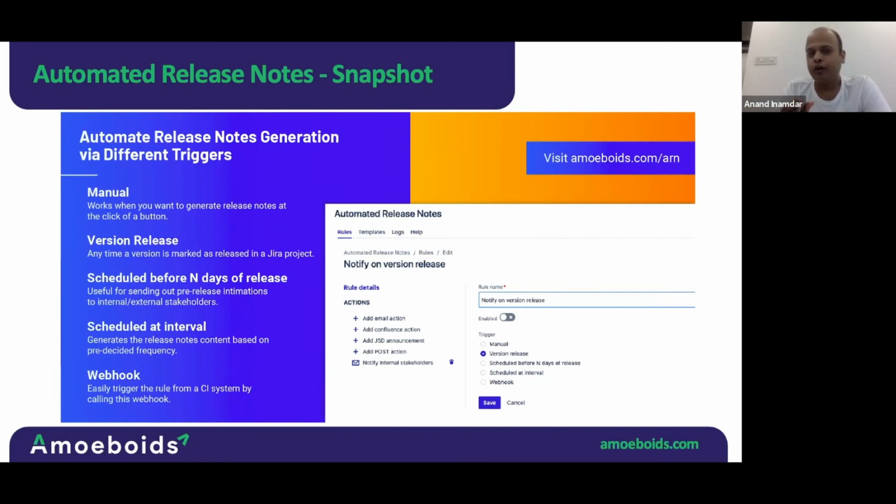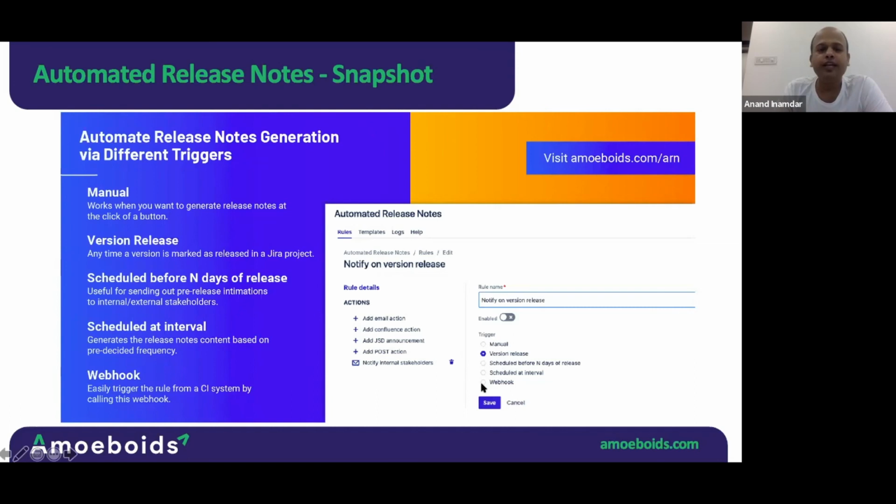Now, this screenshot is talking about the automation aspect. The last one was about really the release notes content, the layout. This one is about how you can automate that. If you keep it manual, obviously there is no automation, but the other triggers you'll notice there is version release, there is scheduled before end days of release, there is scheduled at interval, there is even a webhook.